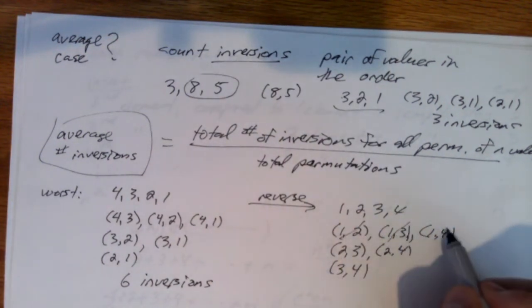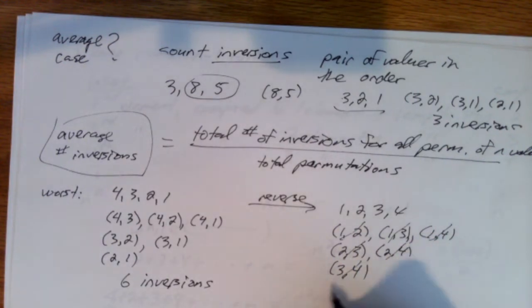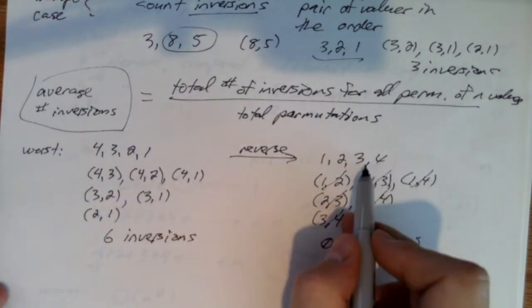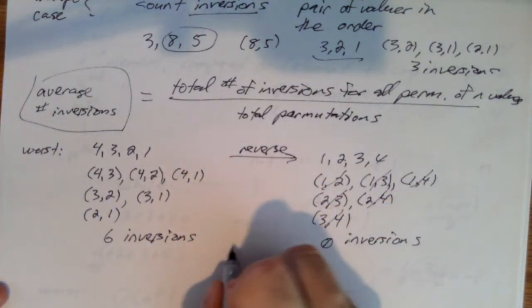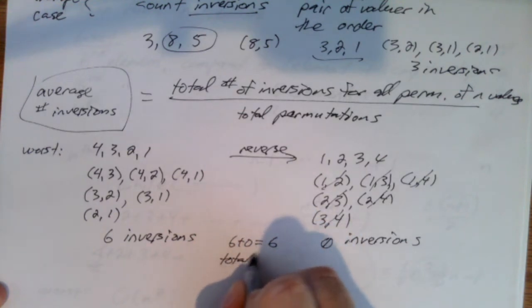None of them are inversions. So here we have 0 inversions. So the two together, one sequence of values and the reverse of that sequence, in this case, is 6 plus 0 equals 6 total inversions for the pair.